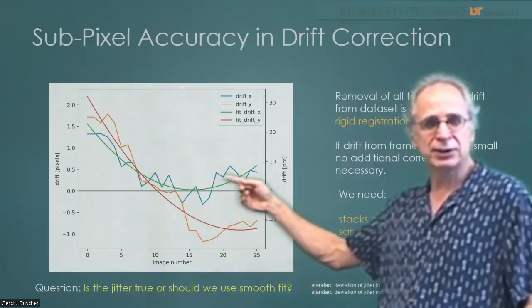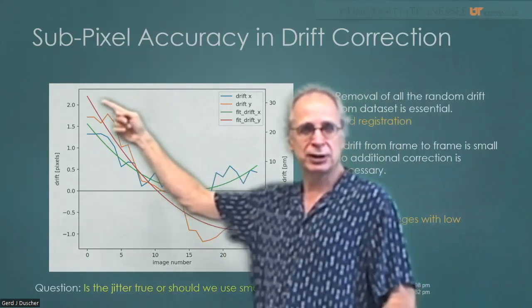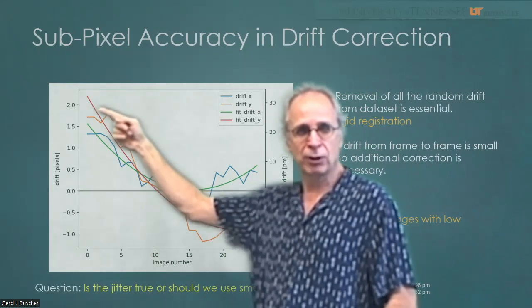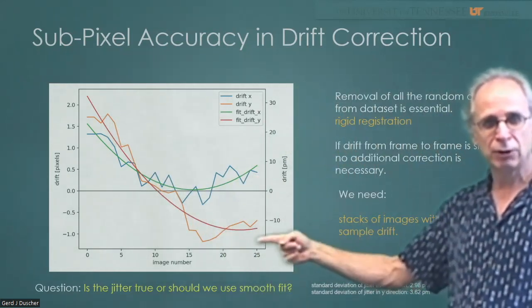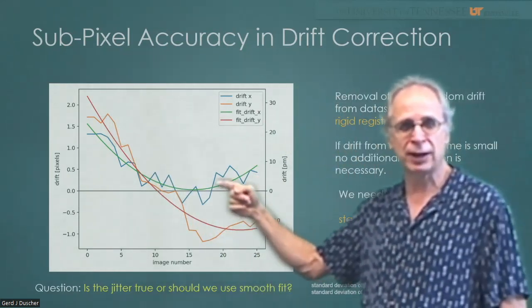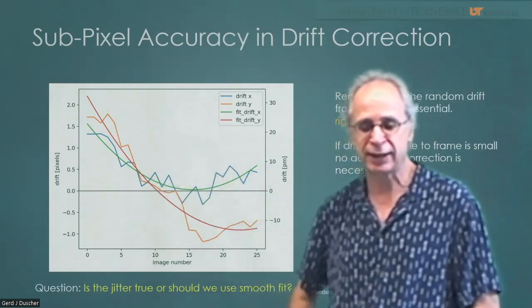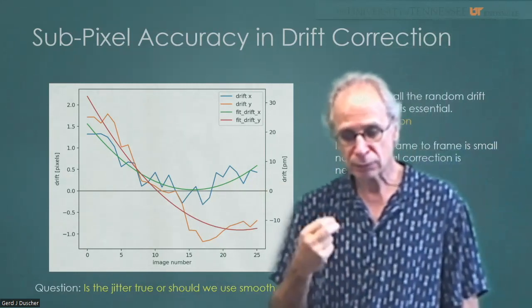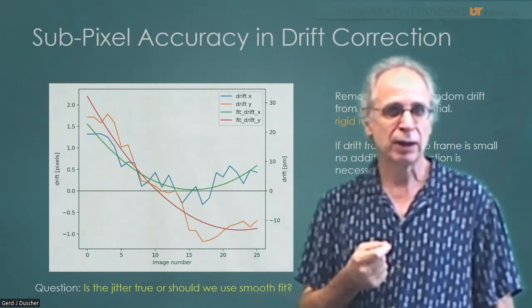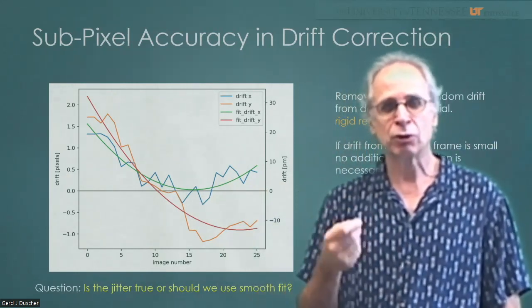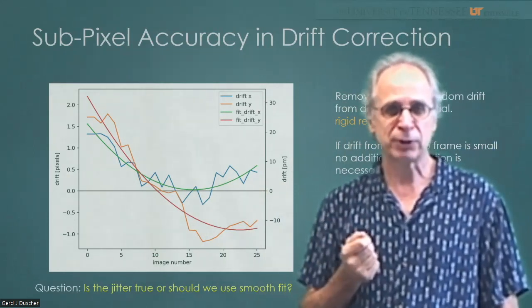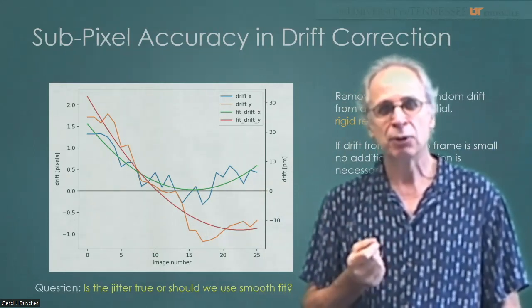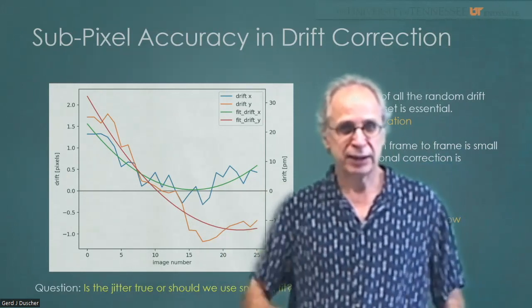In our case, within 25 images, we got a total of 3 pixels in the Y and 2 pixels in the X direction. So that was very, very stable. And you cannot normally reach that kind of precision or stability with a side entry holder.